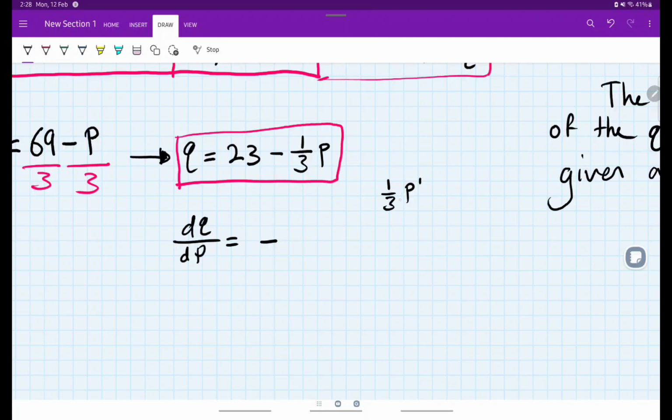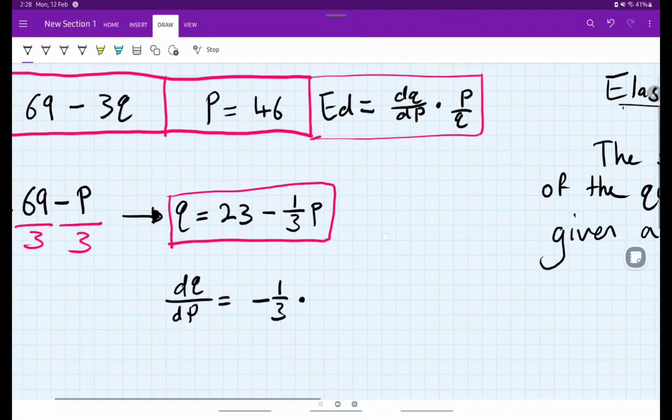That 1 comes down, 0, P equals 1, it's no longer a variable. 1 times negative 1 over 3 is negative 1 over 3. And that's just called the power rule. So you're left with negative 1 over 3. Multiplying through by P, which is 46, that is given.